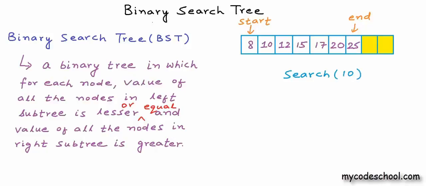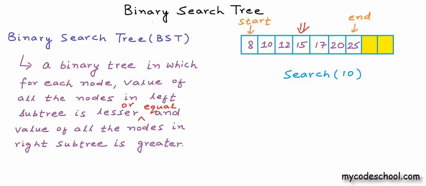What we do in binary search is we first define the complete list as our search space. The number can exist only within the search space. I'll mark search space using these 2 pointers, start and end. Now we compare the element to be searched with mid element of the search space, or the median.